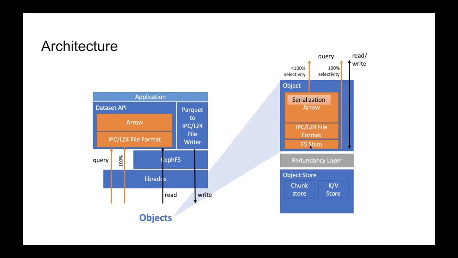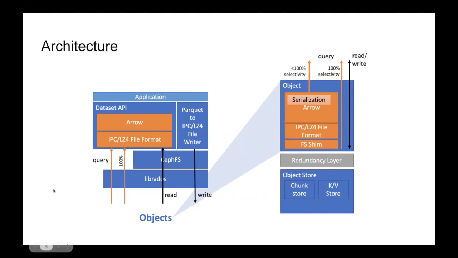So we have a file system shim over the object store, which provides file-like views of objects to Arrow, and we plug that shim into Arrow. In that way, Arrow can access the objects as regular files. So we can intelligently embed Arrow and still keep it working on files, although in real life it's working on objects.